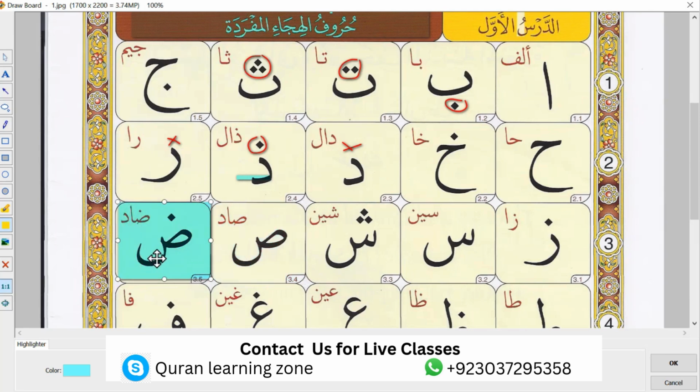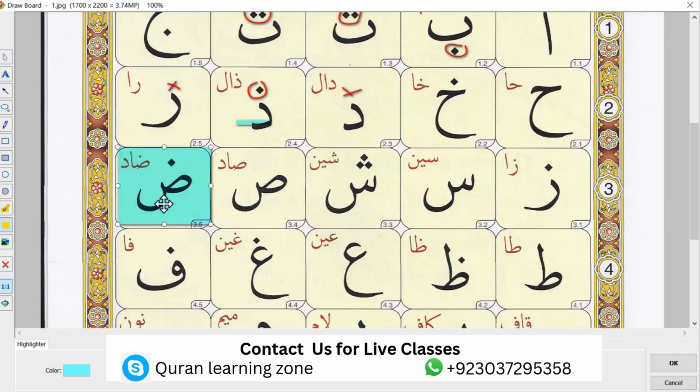And the next one is here, to, zo. These two letters have the same difference. The first letter has no dot on the top and the second letter has one dot on the top. And these two letters will be read in a heavy sound.